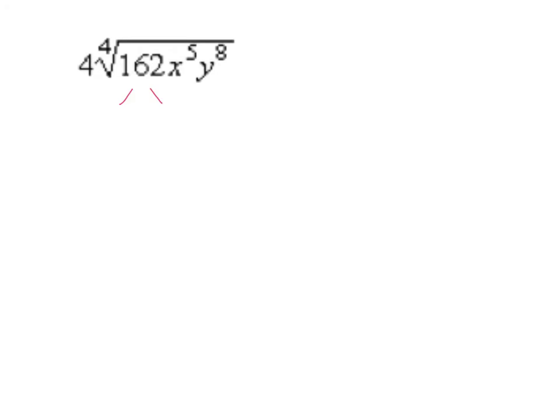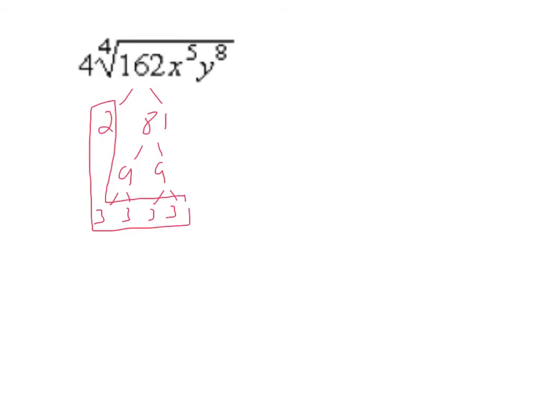So if we did that, we would start by saying 162, well 2 goes into that 81 times, and this is a picture of the older method. We have 9 times 9, 3 times 3, 3 times 3. Those are the prime factors. So I'm just going to write it out this way, 2 times 3 times 3 times 3 times 3.